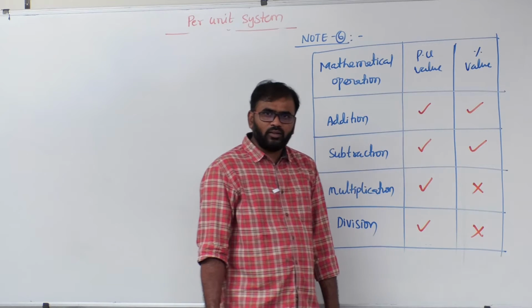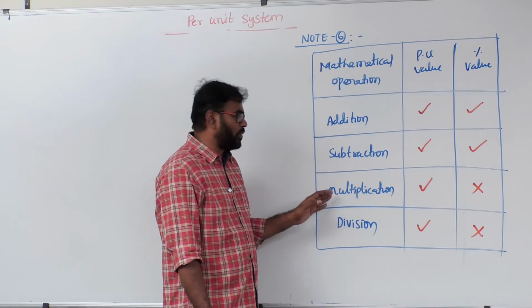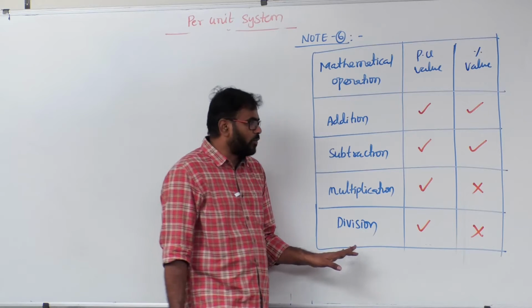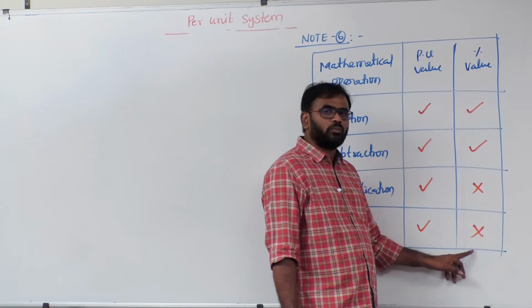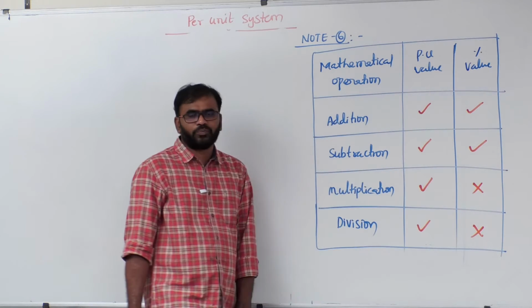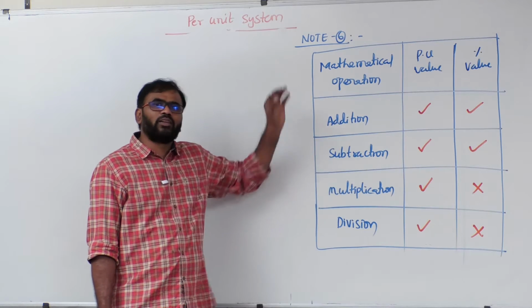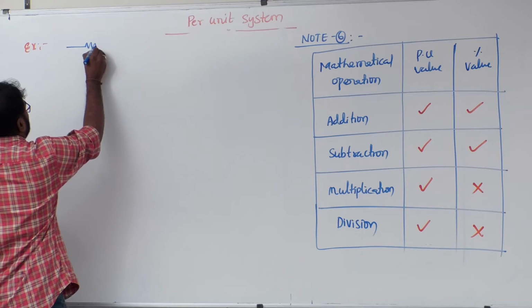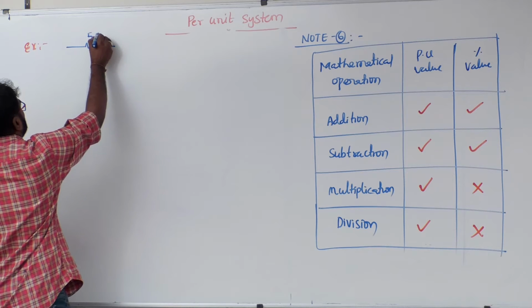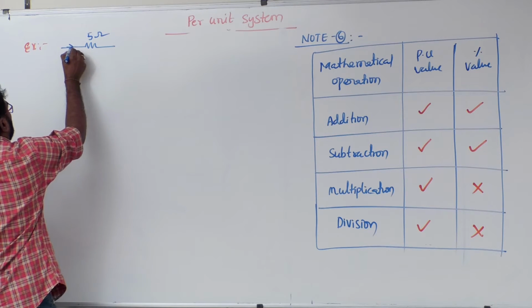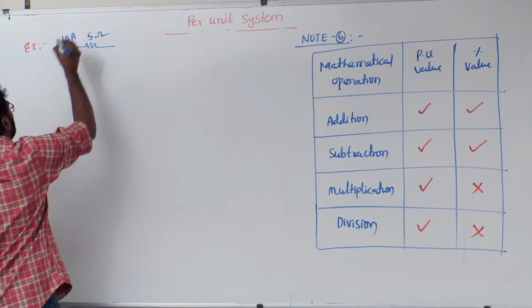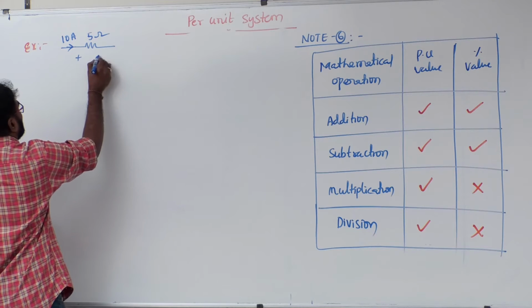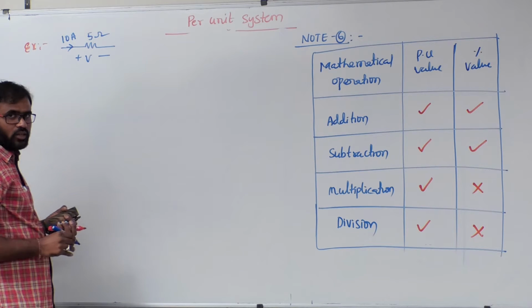Okay? Clear? Now, finally, the conclusion is multiplication and division is not valid for percentage quantities, but valid for per unit quantities. To understand this, I will consider a simple example here. Let's take a resistance of 5 ohms and the current flowing through the resistance is 10 ampere. The voltage across the resistance we can calculate.